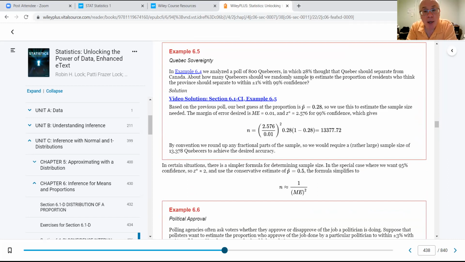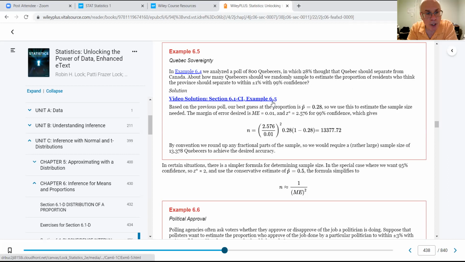And suppose ahead of time we knew that we wanted the margin of error to be 1 percentage point. Notice it says within plus or minus 1%. So let's read the question here. About how many Quebecers should we randomly sample to estimate the proportion of residents who think the province should separate to within 1% with a 99% level of confidence?